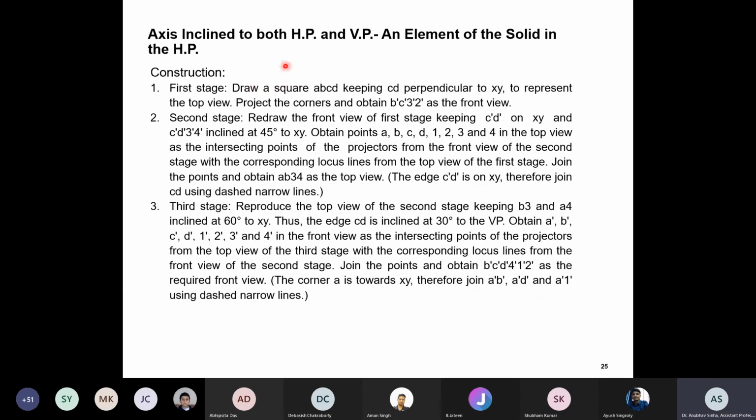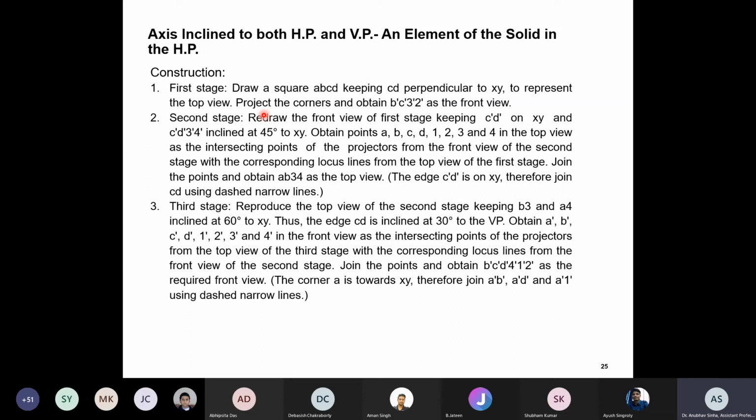Go through this. First, you have to do that in three stages: first stage, second stage, third stage. In the first stage, you assume that CD is perpendicular to XY, which is not true, but this is our initial assumption. Based on that, we'll start our drawing.